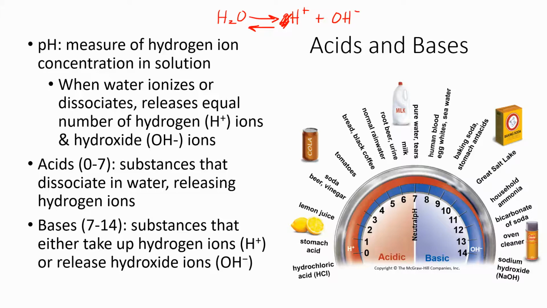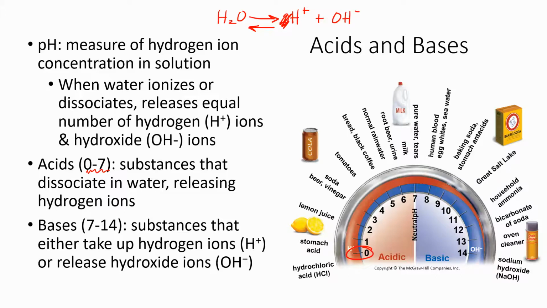Now, the reason why this is related to acids and bases is because acids will release hydrogen ions when they are dissolved in a solution, and so we say that when you have more hydrogen ions in a solution than hydroxide, it becomes acidic. The lower the pH, meaning any pH between 0 and 7, the more acidic a substance is. So if you had something with a pH of 0, that would be extremely acidic. That would be very dangerous.